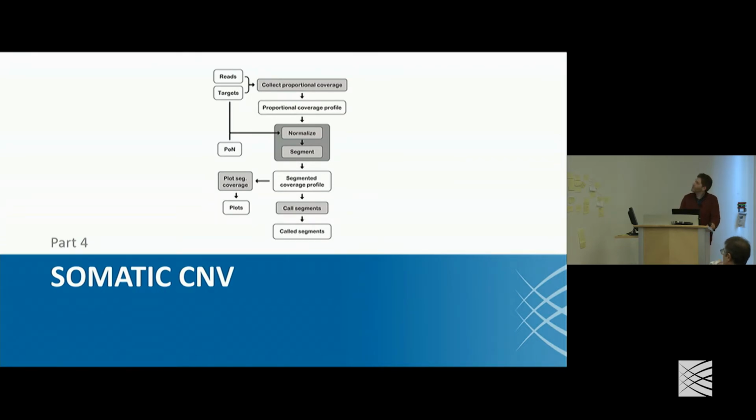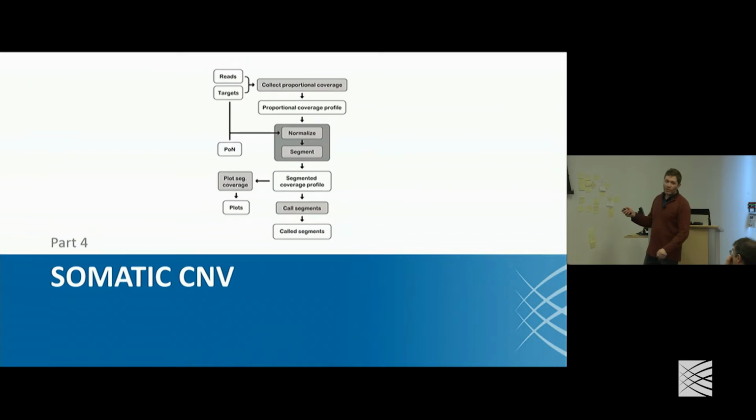Okay, so here is an overview of the workflow for somatic CNV. Essentially, you take your reads and you cut up the genome either into the targets if you're doing whole exome or some kind of capture kit, or you bin the whole genome. You collect your proportional coverage, and that's going to tell you what you have in your sample, and then you normalize it against a panel of normals.